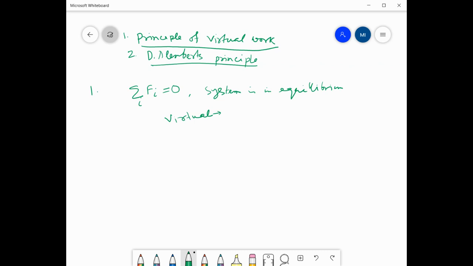We generally denote it by delta ri, which is summation over k of del ri by del qk times delta qk. These qks are generalized coordinates, which you will learn later. But the important thing about virtual displacement is that the work done due to this displacement is zero.